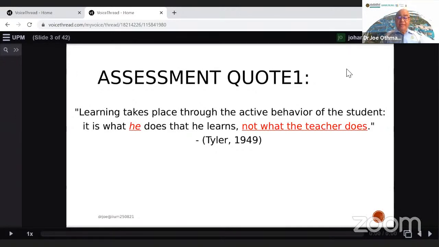Please ponder upon that. I wouldn't want to go into detail, but sometimes, sorry to say, using a Malay phrase, we teachers should not shock sendiri.